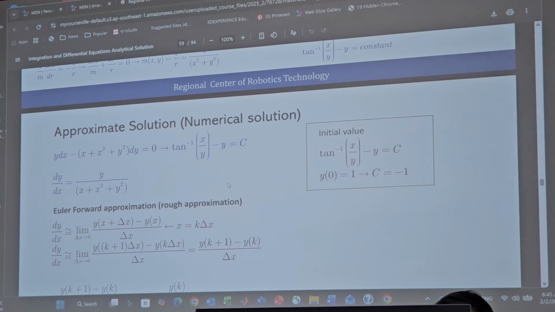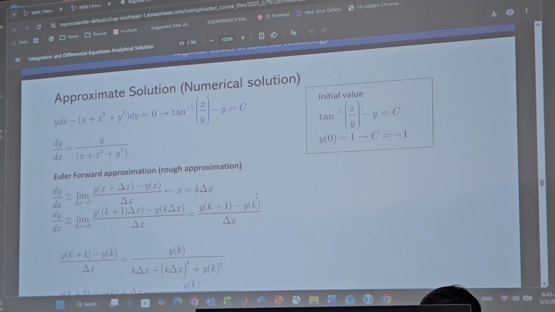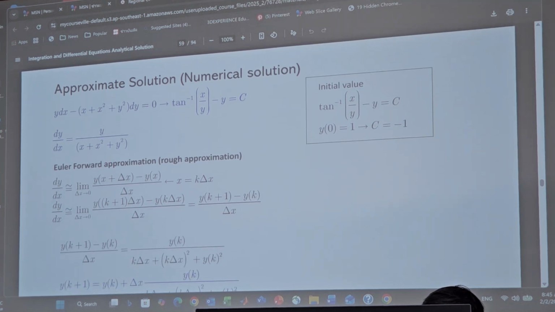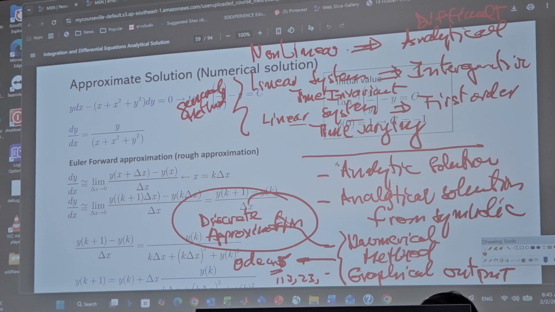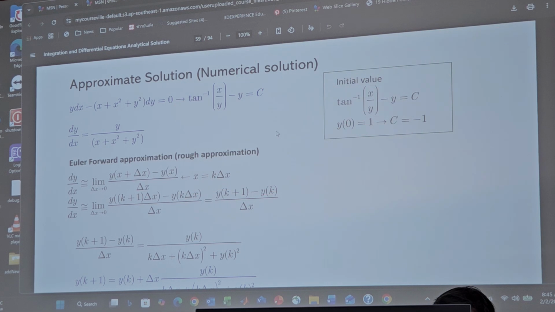By using a numerical solution, sometimes we call this one discrete approximation, right?